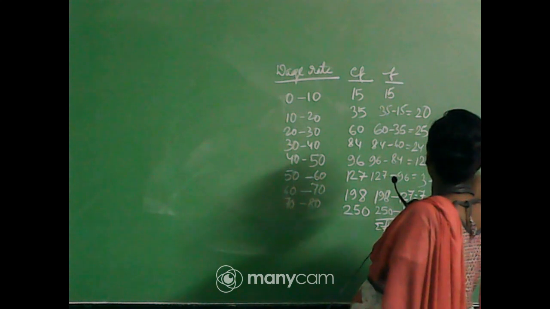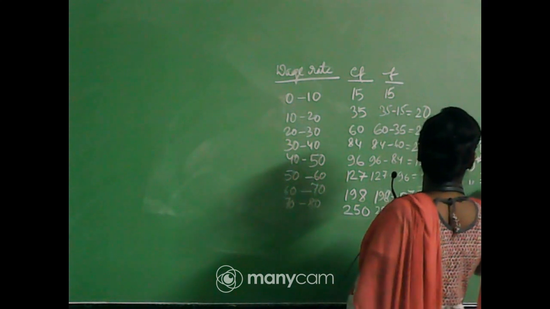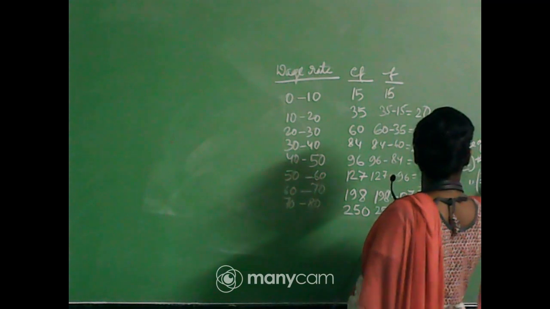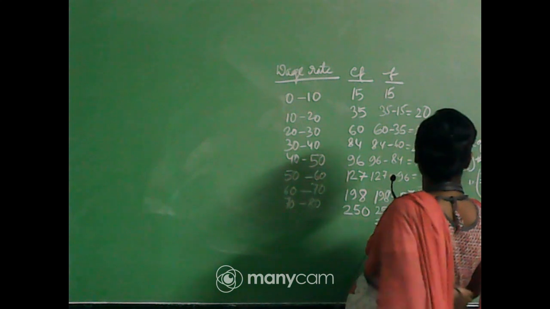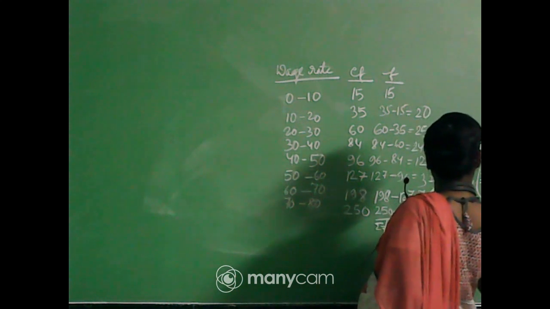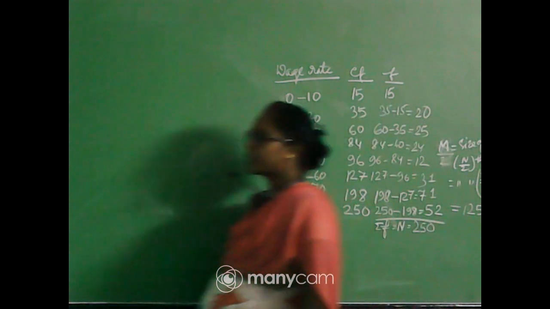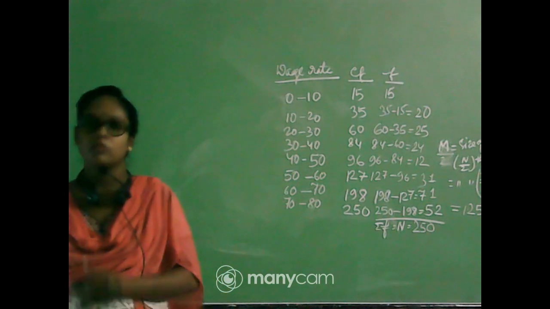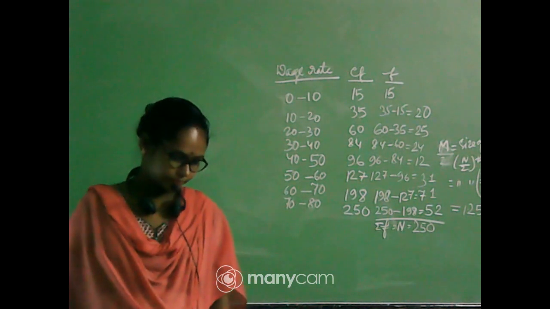So size of N by 2 means 250 divided by 2 item, that means 125th item. So this 125 lies on which CF? Tell me.